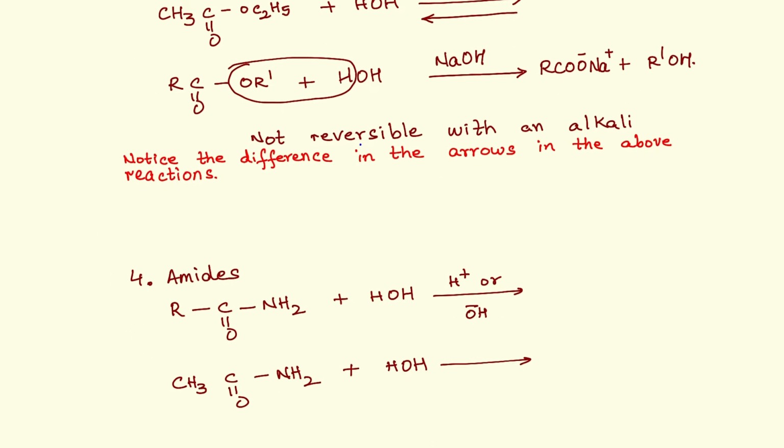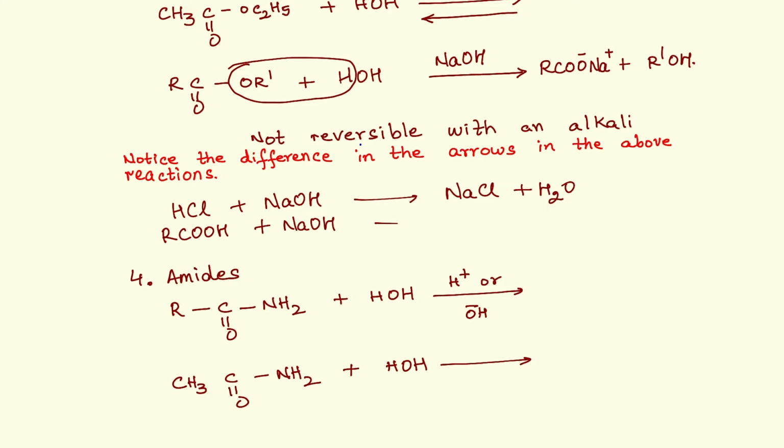We know that all acids react with bases to give us salt and water, right, NaCl plus H2O. Same way, carboxylic acids RCOOH react with strong bases. This is our acidic hydrogen, so RCOONa plus H2O.